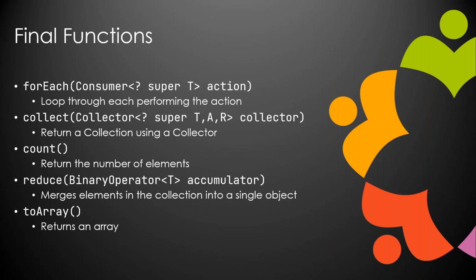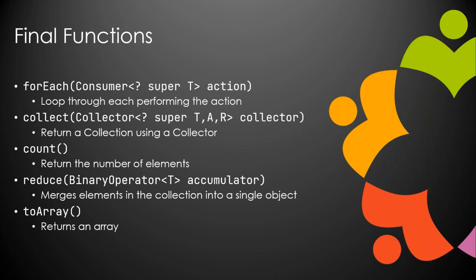And then the terminal functions, final functions, are for each, which we've seen being used just on the collection or map. Collect returns a collection, and the most common one there is collector.toList. That means that it collects all the values into a new list.